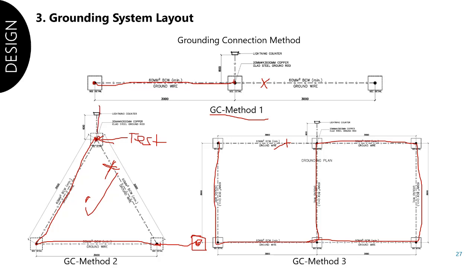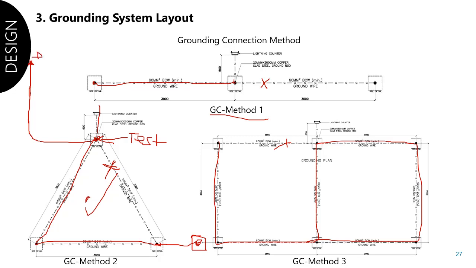Can I go back to the slide? No, I think I cannot. So if you notice, I have drawn this, so sorry for my drawing. If this is the grounding connection, the down conductor then will tap to our first. So this is from our air terminal.